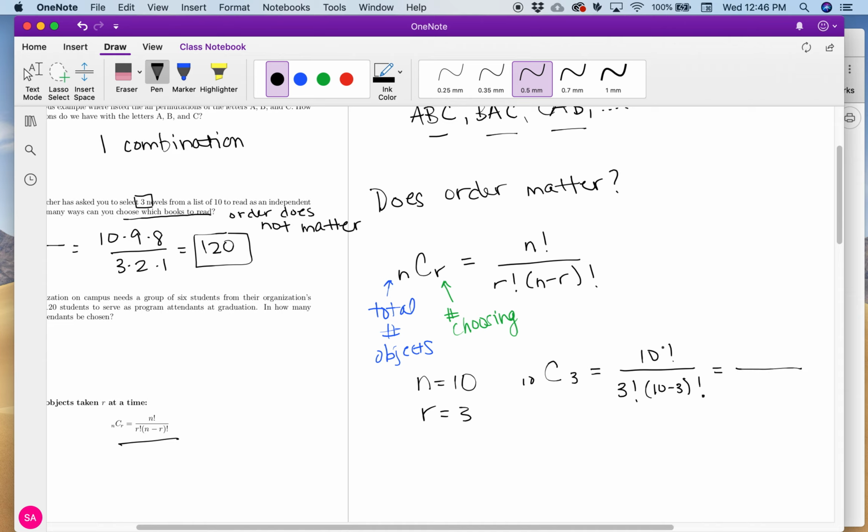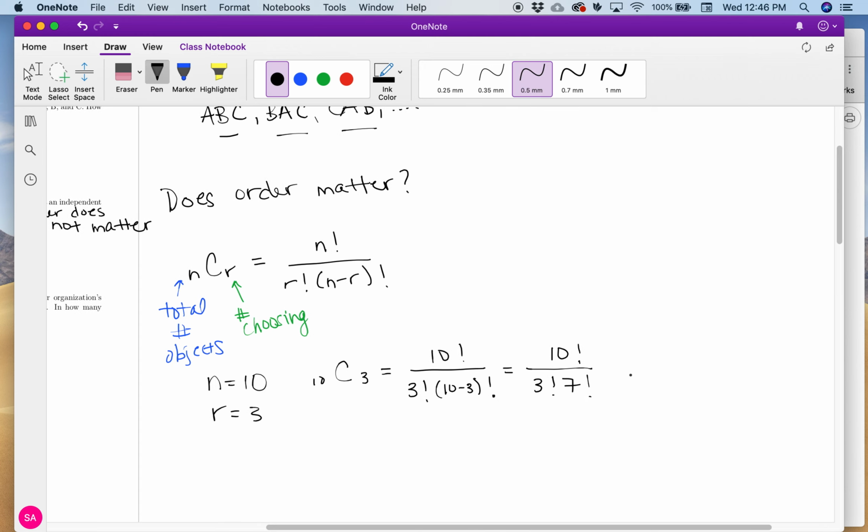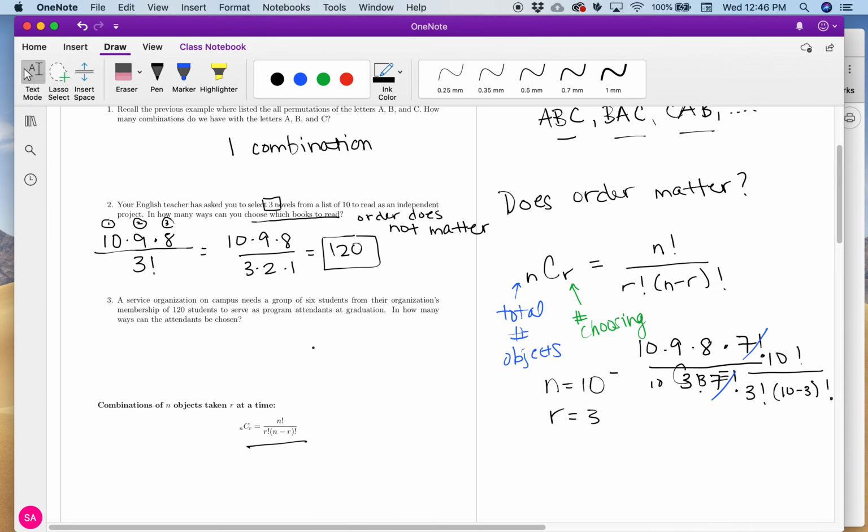Let's simplify. We have 10 factorial on top, 3 factorial on the bottom, and 10 minus 3 is 7 factorial. We can work this out: 10 times 9 times 8 times 7 factorial. I'm going to leave that as 7 factorial because that will cancel with the bottom. And then look, 10 times 9 times 8 divided by 3 factorial. That's what I had over here.